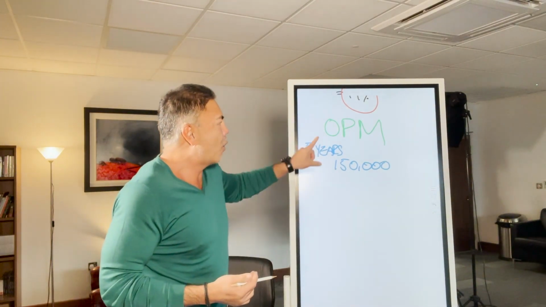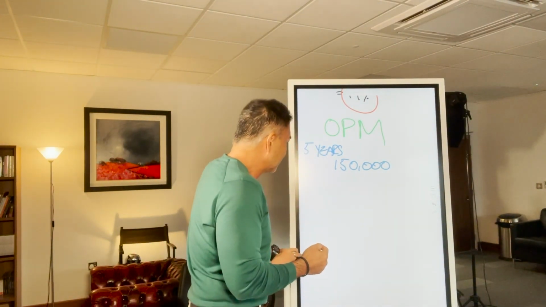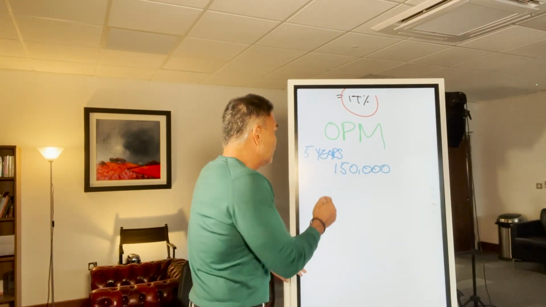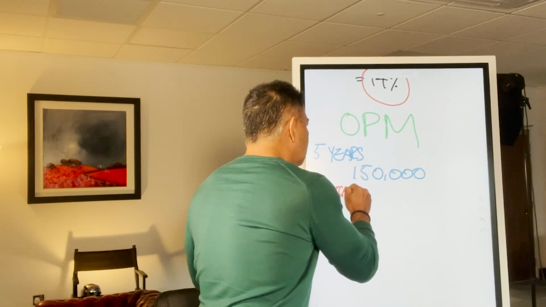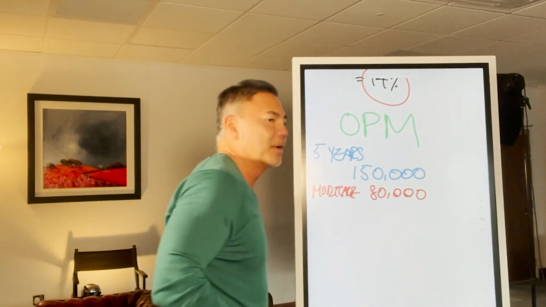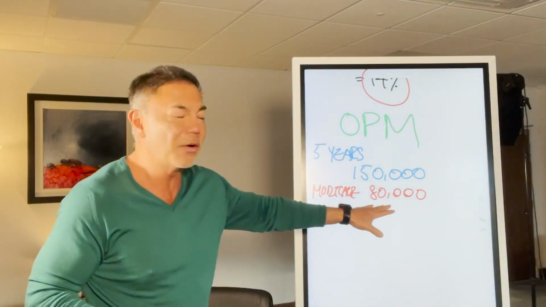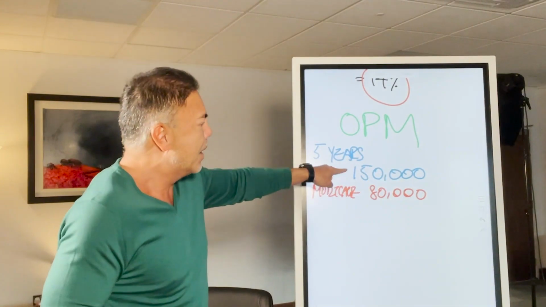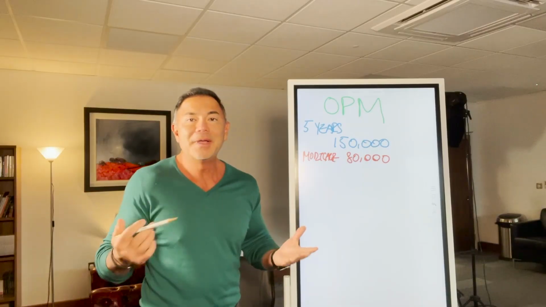So the original mortgage, remember, we took out was 80%, which is still 80,000 because we did say that we're going to stick to an interest-only mortgage. So the mortgage balance hasn't really gone down because we've been paying the interest, but now the value has gone up to 150,000.